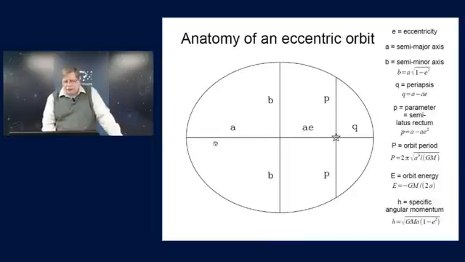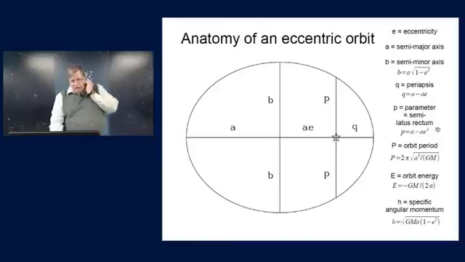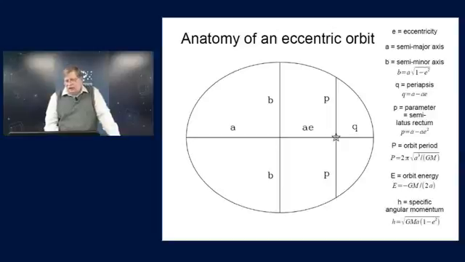And there are other parameters like the semi-minor axis, the periapsis distance, which is the closest approach to the star. And there's another thing which is called the semilatus rectum, or sometimes just the parameter p, and it's defined that way. Not to be confused with big P, the orbital period. Now, it's interesting to notice, as you probably know, the orbital period is a function only of the planet's semi-major axis, and also the mass of the star times the gravitational constant.